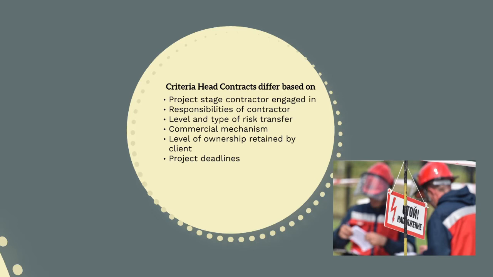So how much risk is the contractor exposed to? The commercial payment mechanism, so how the contractor gets paid: lump sum, schedule of rates, cost plus. The level of ownership and management retained by the client, and the project deadlines and specific project time frame. Keep in mind, when we are going through the head contract forms, that the form of head contract will need to be adapted to suit the project, not the other way around.